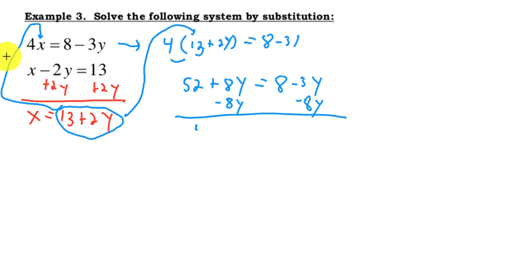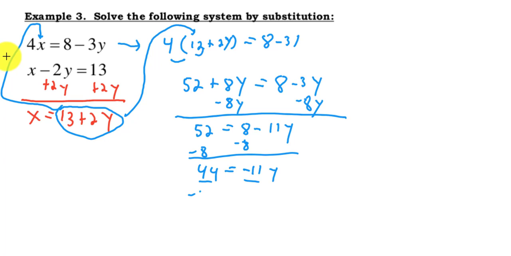And I'm left with 52 equals 8 minus 11y. Almost done. Subtract 8 from both sides. And it looks like you get 44 equals negative 11y. Divide by negative 11. And you get negative 4 equals y. Right? So again, as an ordered pair, we know y is negative 4.